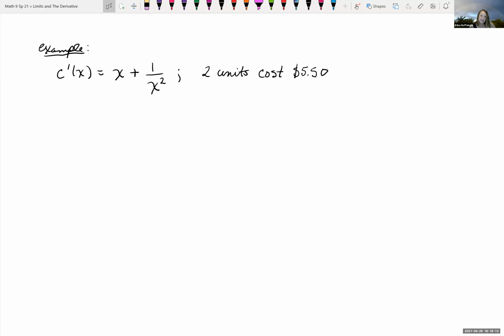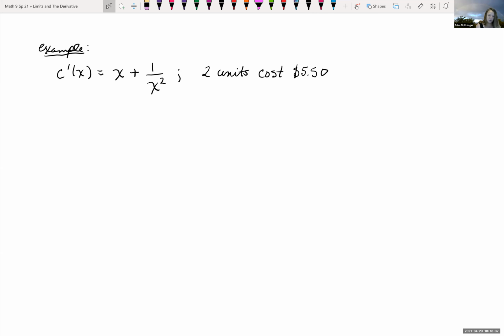For this next example, the direction says, given the marginal cost function, we want to find the cost function. We're given that c prime of x, which is the marginal cost, is equal to x plus 1 over x squared, and we're given that 2 units cost $5.50.